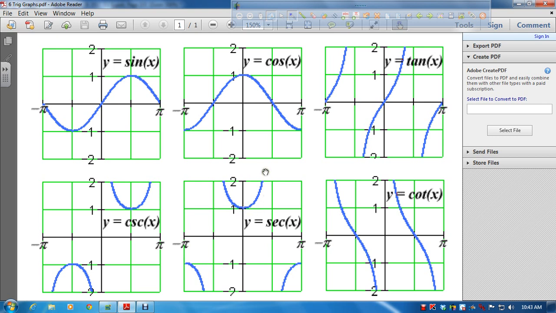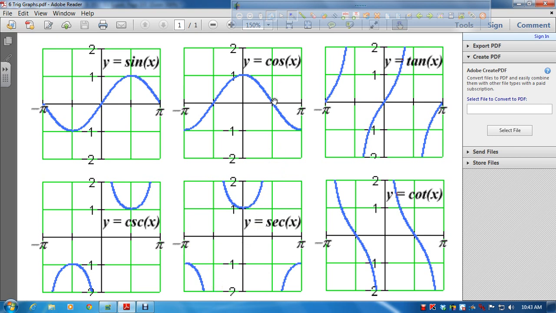However, secant goes in an opposite direction. And if you remember, cosecant and secant have some places on the coordinate plane where it is undefined. Well, they have asymptotes here. Okay?